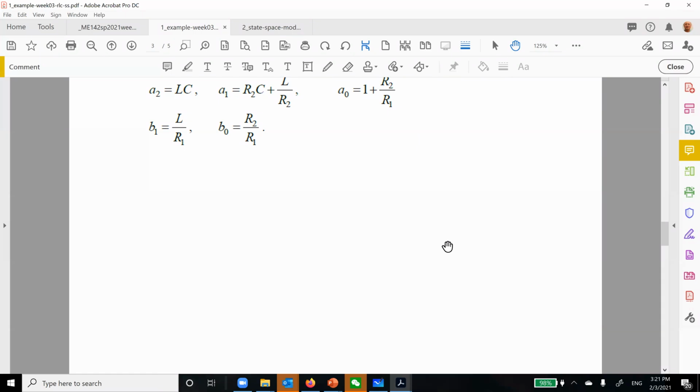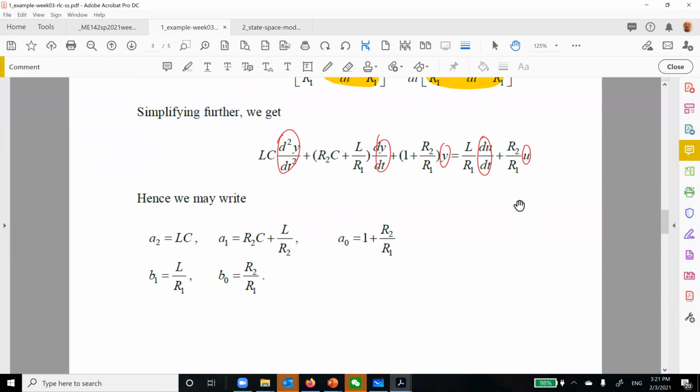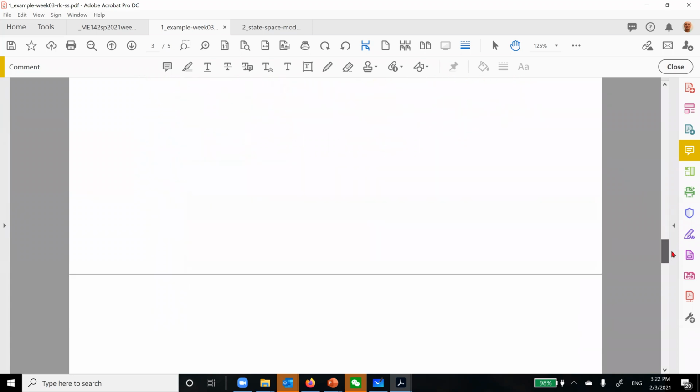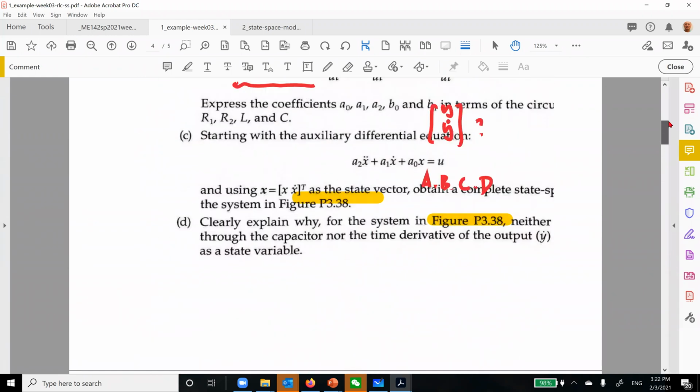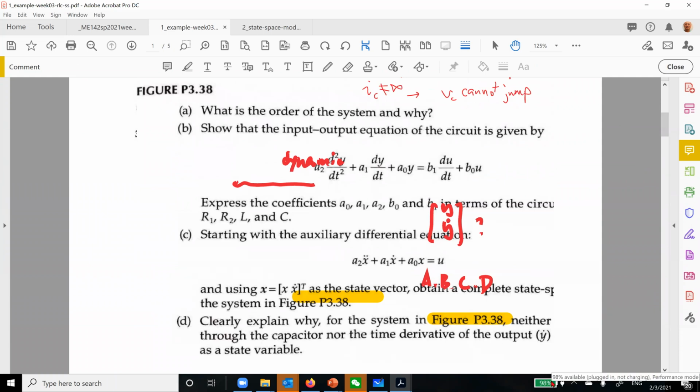So you get a higher order derivative, a higher order ODE. Okay. So this is your higher order ODE.